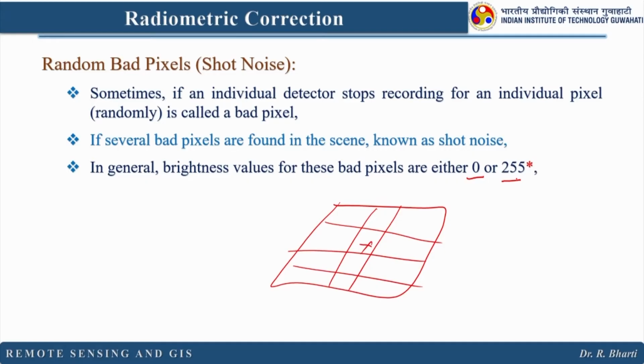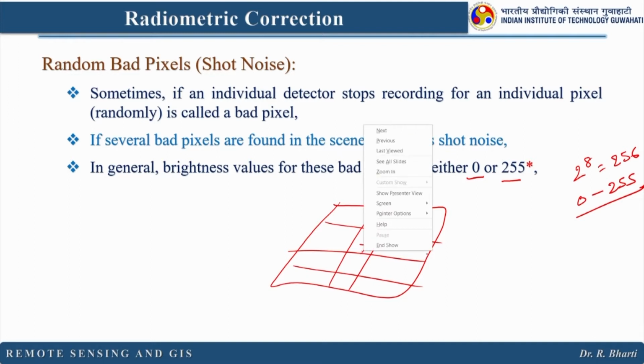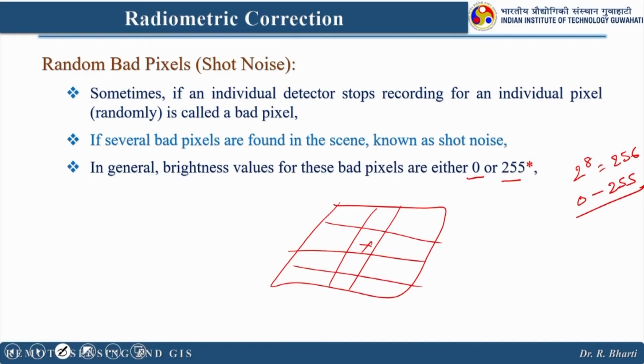This is only when you are having 8-bit data. So 2 to the power 8, your value range is 256, so 0 to 255 is your value range. When you have that, it means you will have either a very black pixel or a very bright pixel, because 0 is the darkest one and 255 is the brightest one.